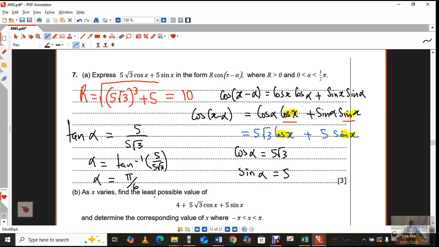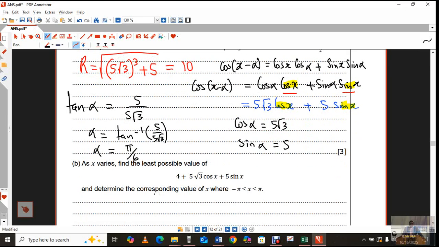I don't really have a lot of space there, but the way you are supposed to write this answer is to say, therefore, 5 root 3 cos x plus 5 sine x is equal to 10, which was r, and in brackets, cosine of (x minus pi over 6).